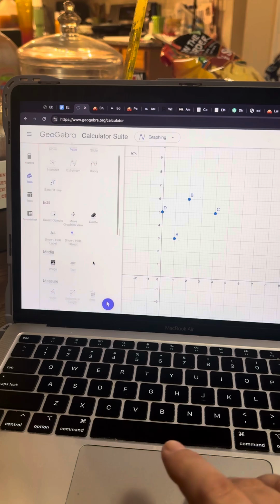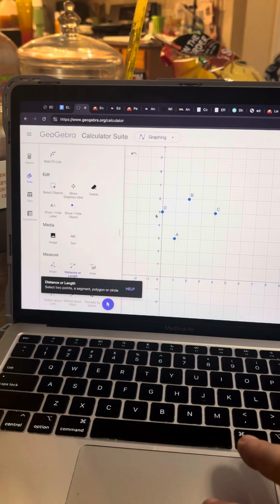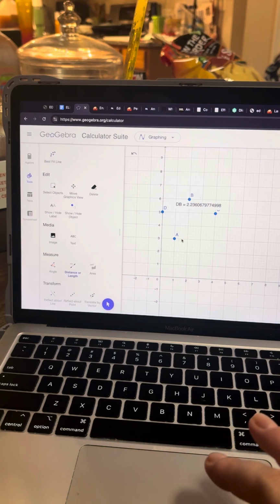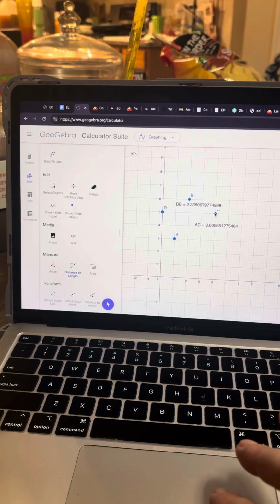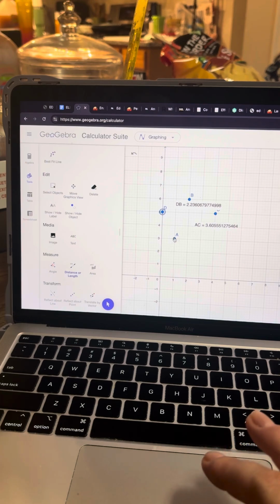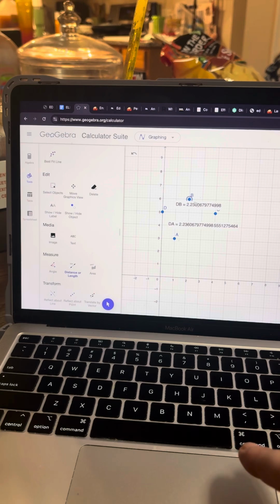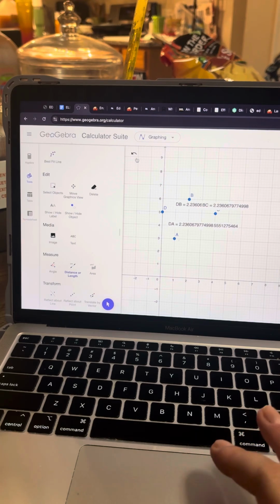When you do the measurements, you can see that the two sides work. So the first spot that I did is 0, 5.